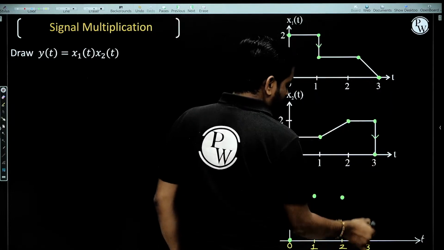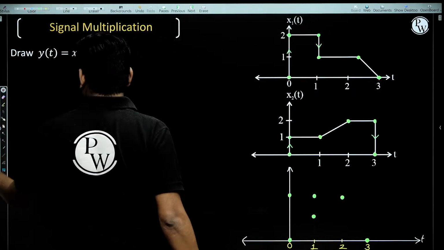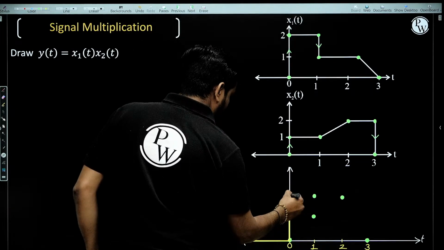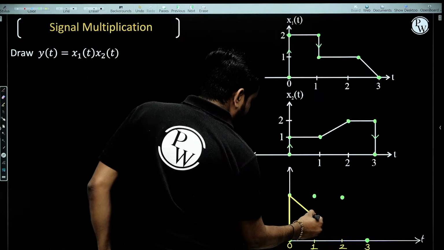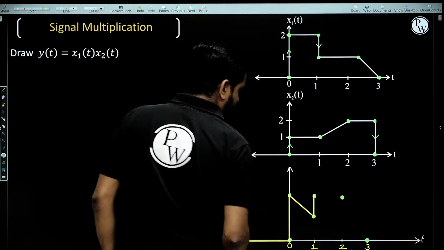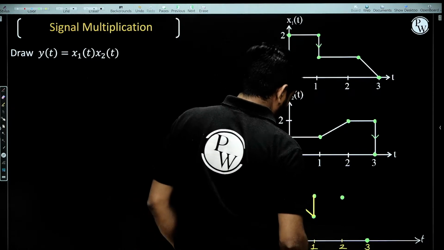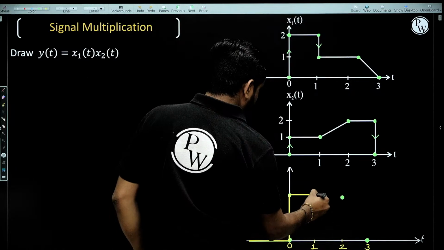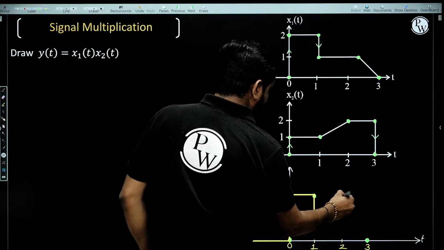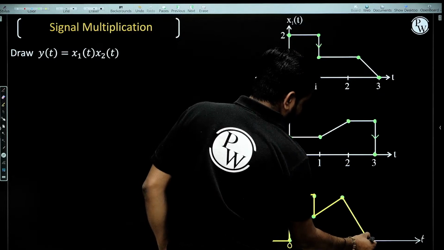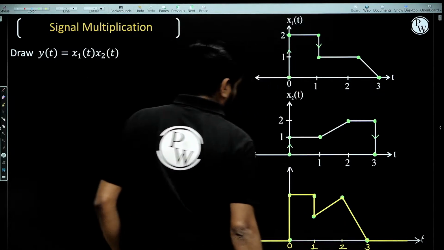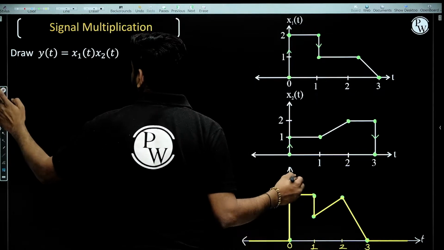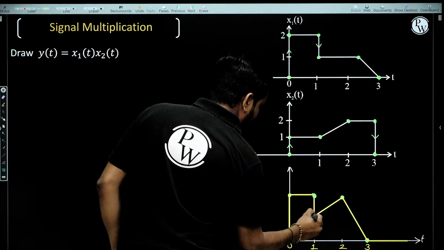Then 0 into 0 is 0. See, in the sequence, guys, you have to write in sequence from here to here, this point, then this point, then this point. Finally, the last one. So this is nothing but signal multiplication.